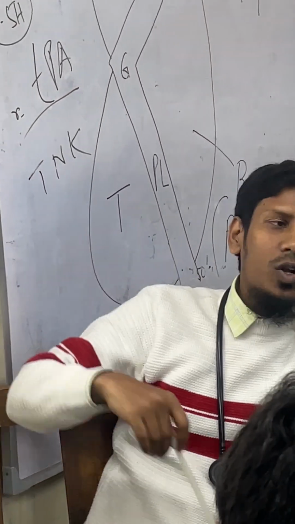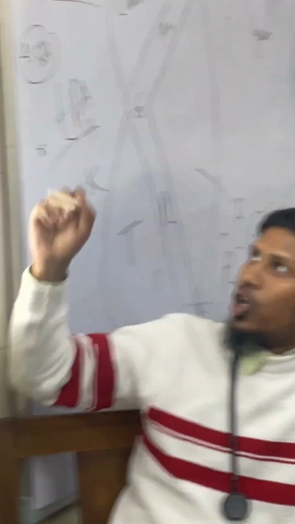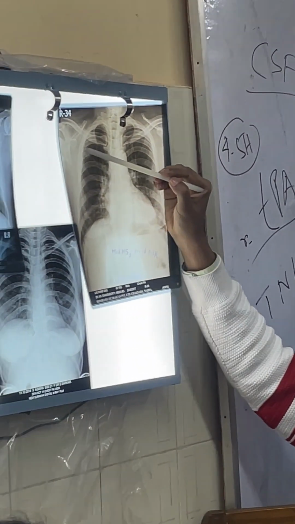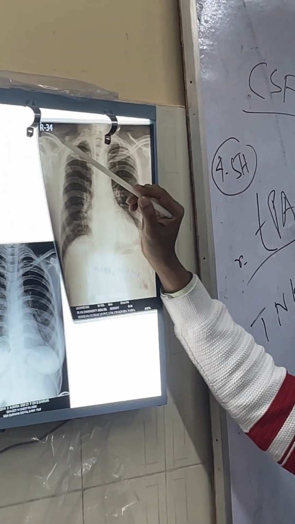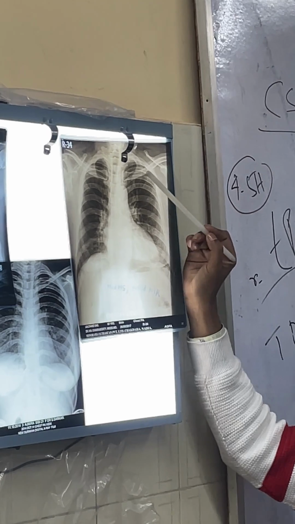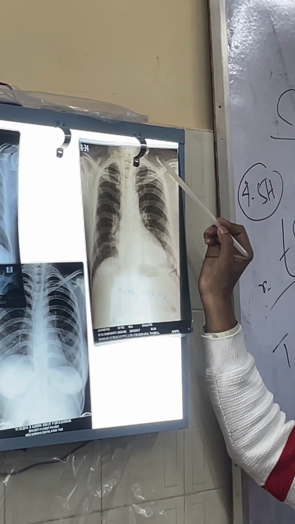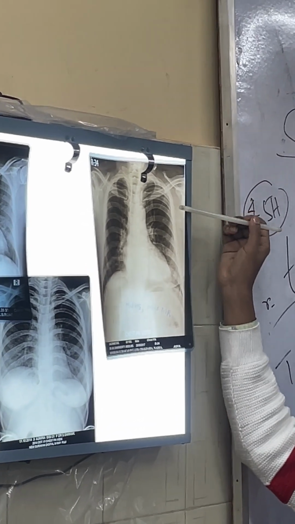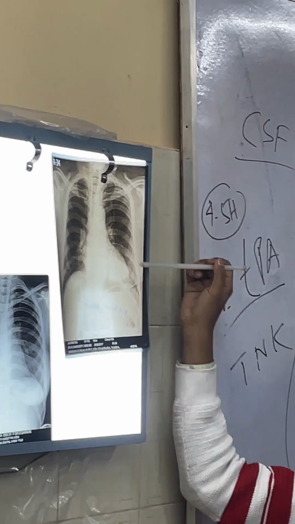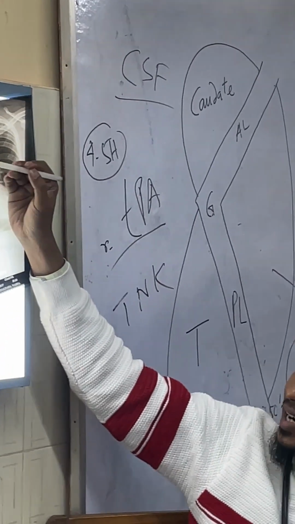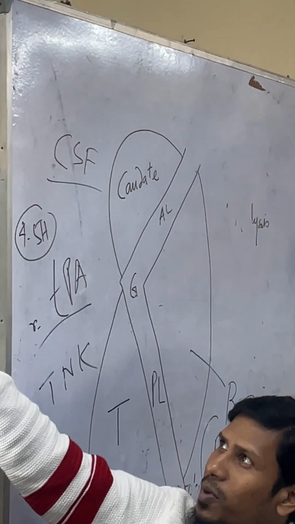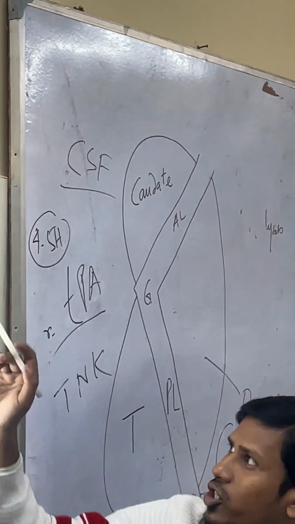Then we will look at the bones and soft tissues. So this is the axilla. This area is the supraclavicular fossa. This is the clavicle bone. So this is the supraclavicular area, and this is the axilla, and this is the lateral wall of the chest wall. This part is the soft tissue, and in females there is also the breast tissue.